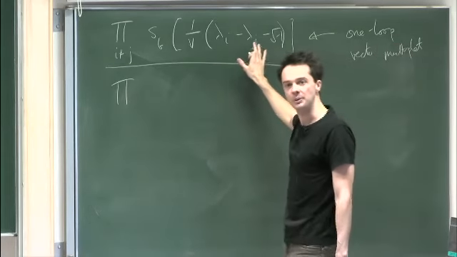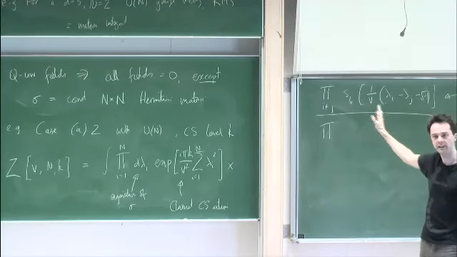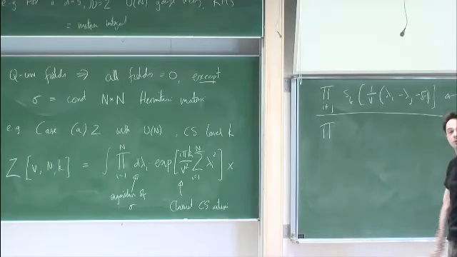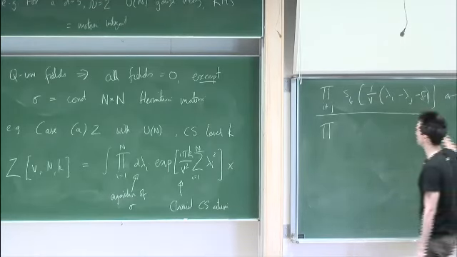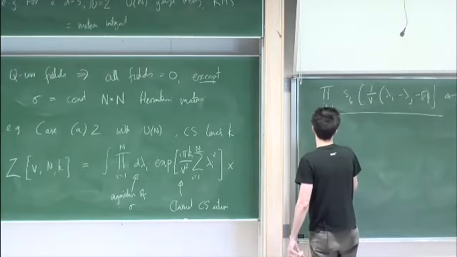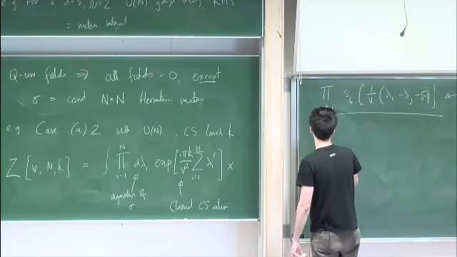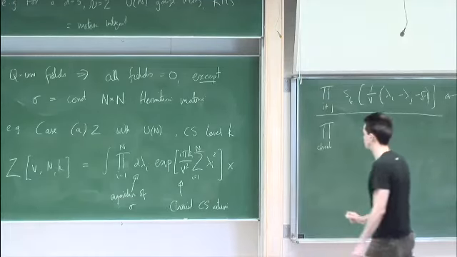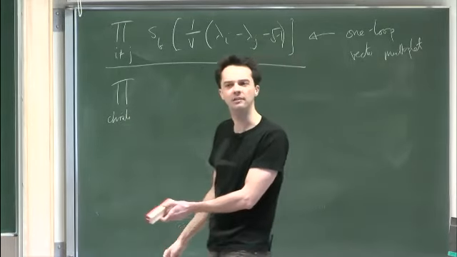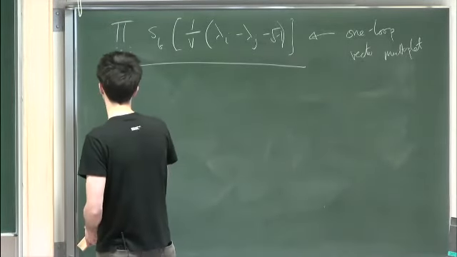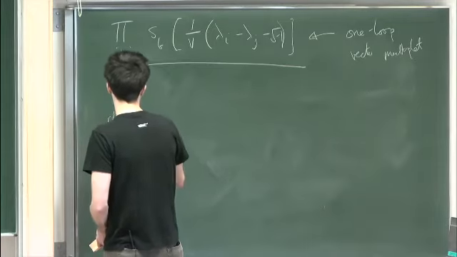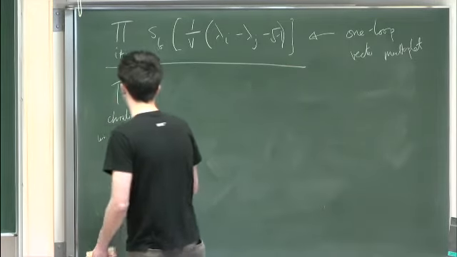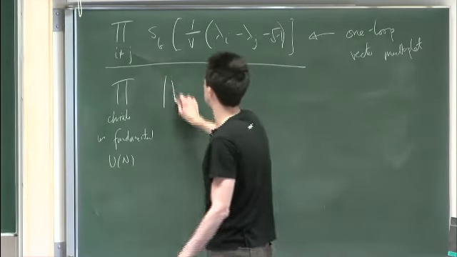It's not too bad, these computations, because it's a supersymmetric theory. There's a lot of cancellation between bosons and fermions. So it's not as bad as you might think. And over here I have a product over chiral matter fields, and I'm just going to write the fundamental representation as an example. So these will be in the fundamental of U(N). You can do any representation you like, just for concreteness.